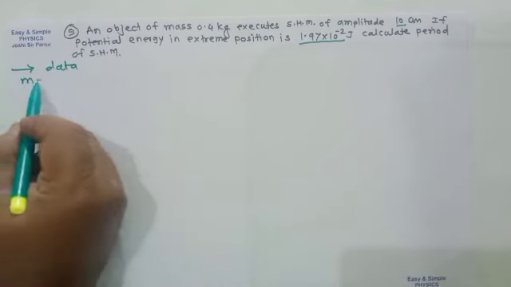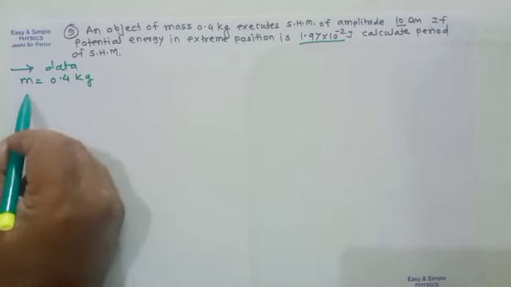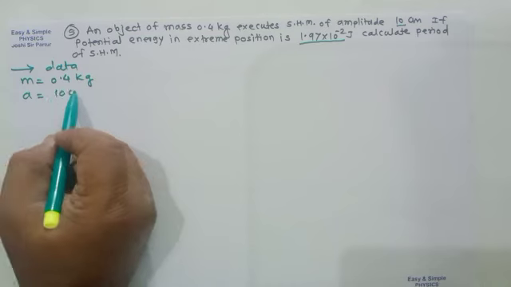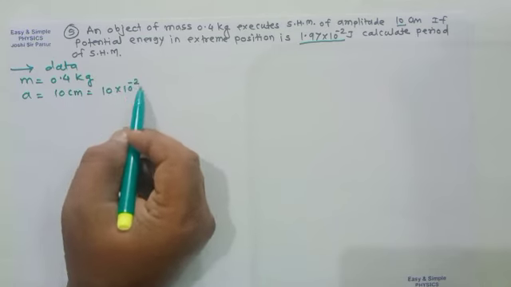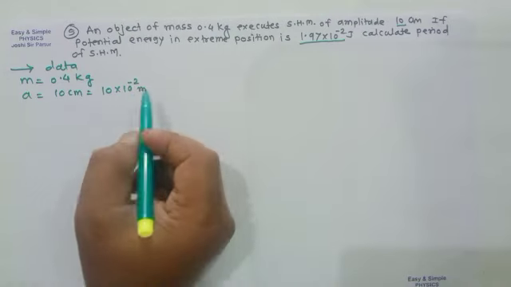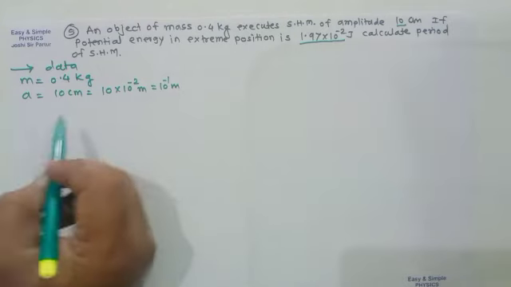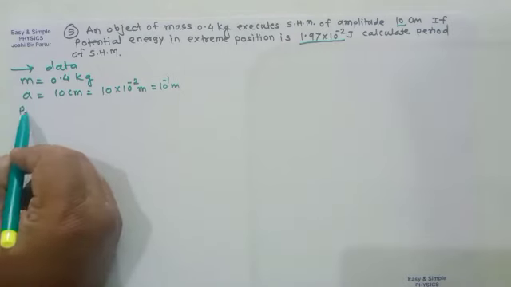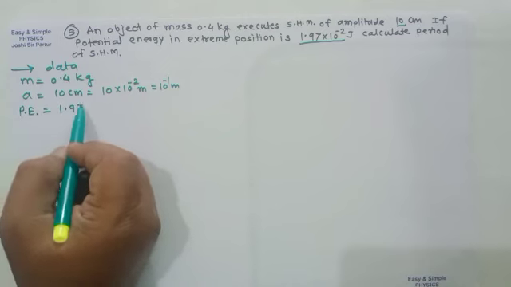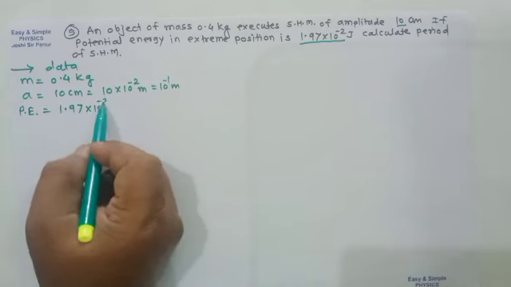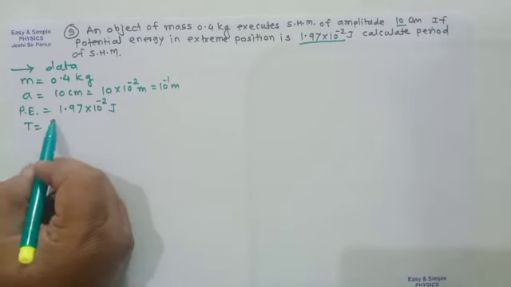Mass will be 0.4 kg. Amplitude will be 10 centimeter, means 10 into 10 to the power minus 2 meter, means 10 raised to minus 1 meter. Potential energy at extreme position will be 1.97 into 10 raised to minus 2 joule, and we can find the time period.